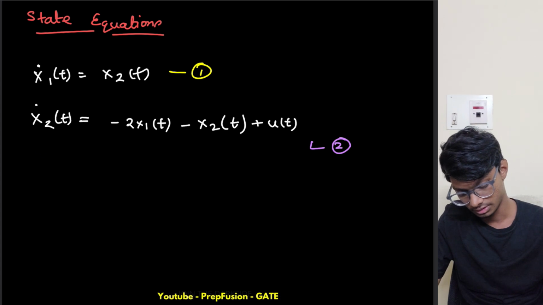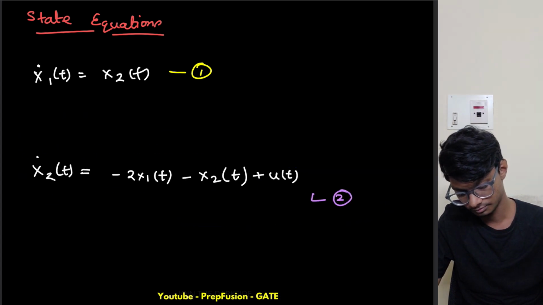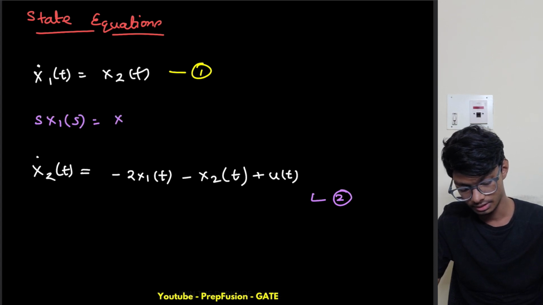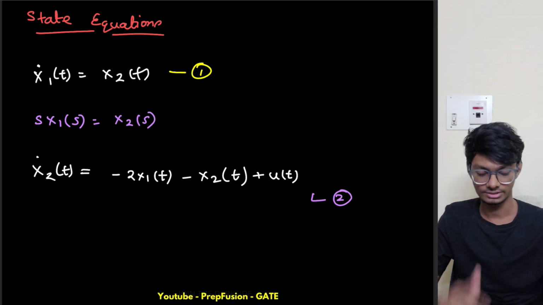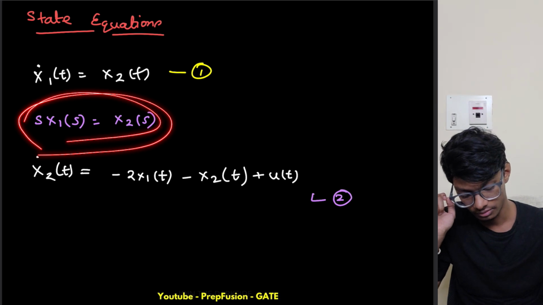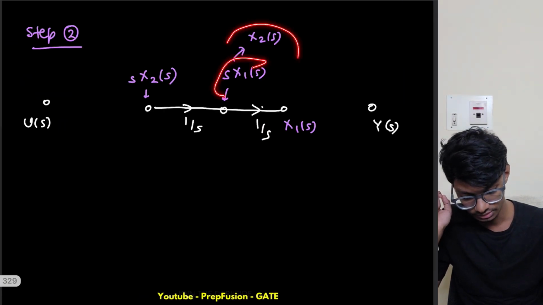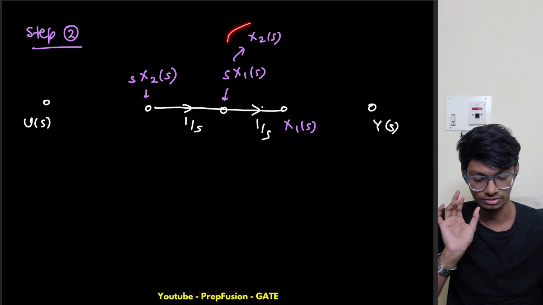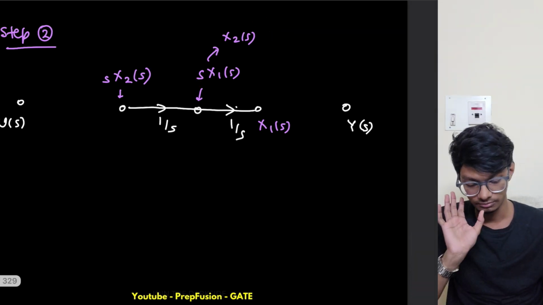So taking the inverse Laplace of this, s x1 of s equals x2 of s. So this is one equation. From here I have written it directly, that is s x1 of s equals x2 of s, because of the first equation.